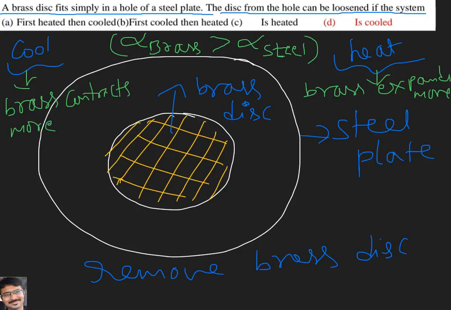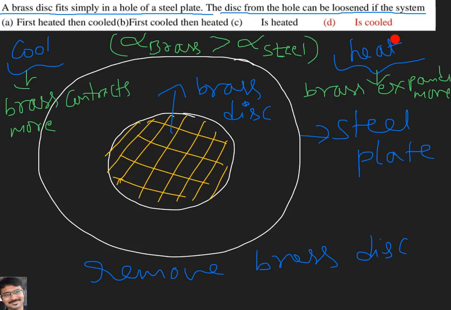So, if it is heated, brass expands more than steel. If it is cooled, brass contracts more. So now the question is whether we have to heat or cool. What is the answer? Observe carefully here.